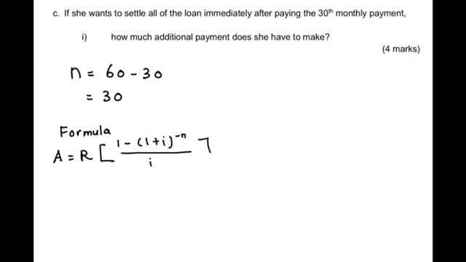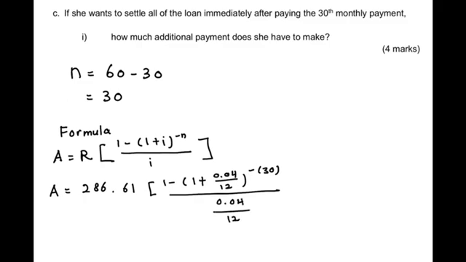So we get R, which is 286.61, and 1 minus (1 + 0.04/12) to the power of negative 30, over 0.04/12. The answer we get is RM 8,169.43.